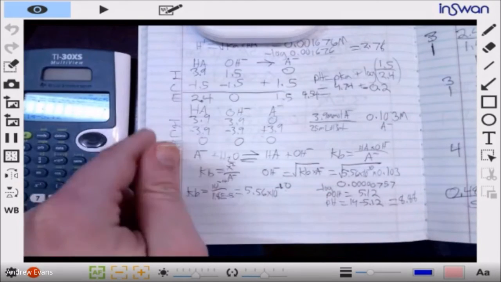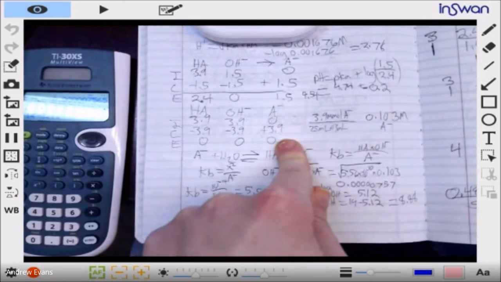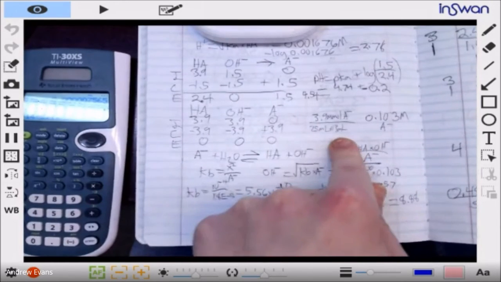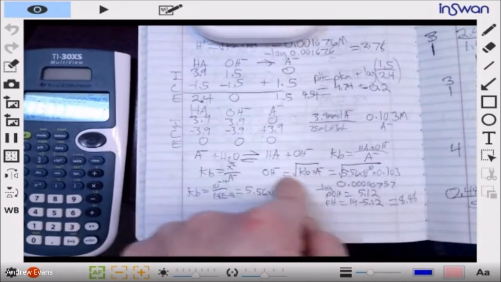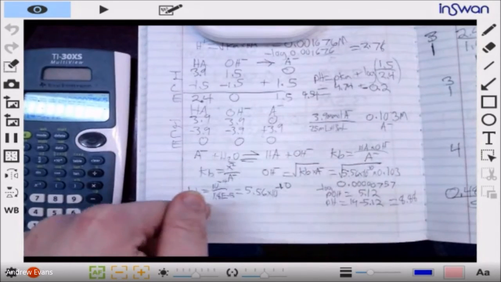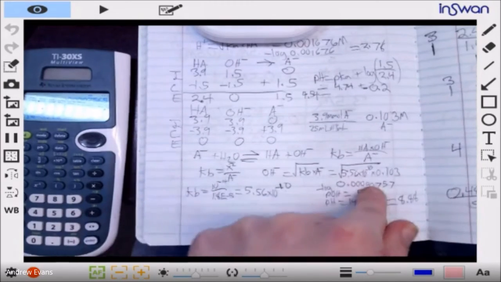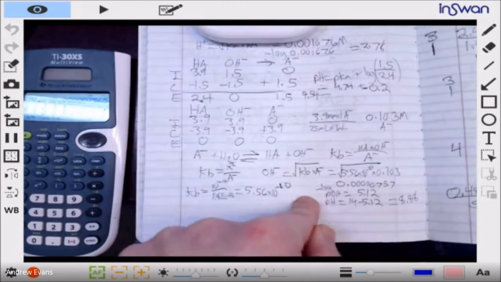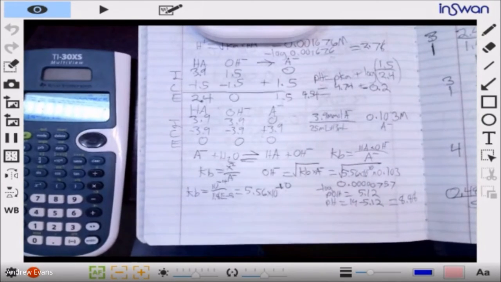So what I did, I converted it all into A minus. I diluted. I set up my expression. I had to find my Kb. I found my OH minus, found my pOH, and converted it into pH.